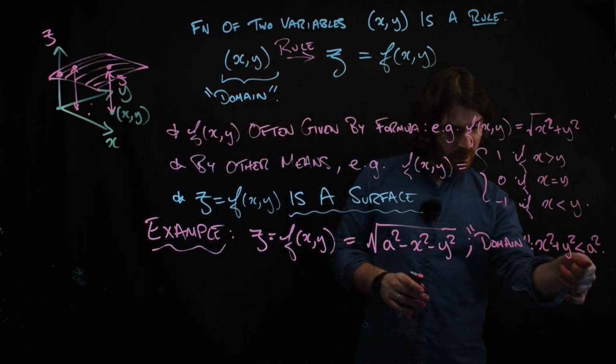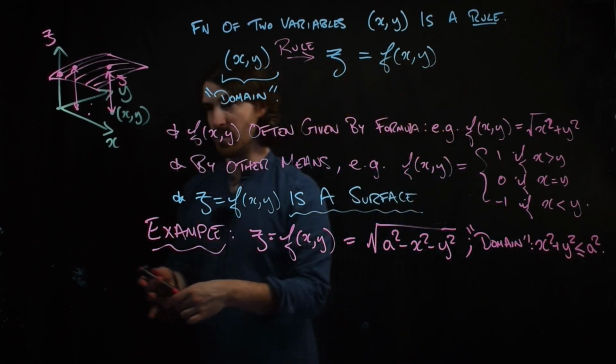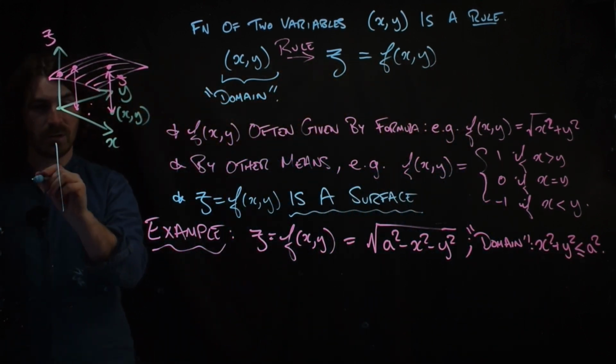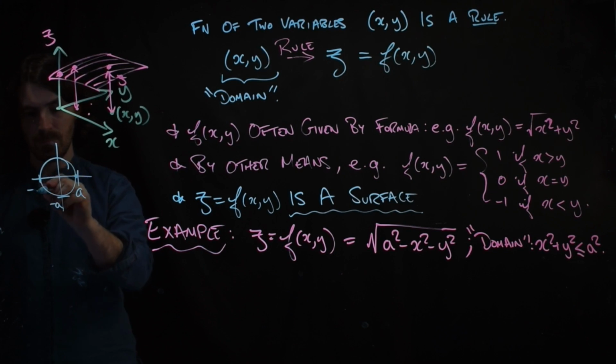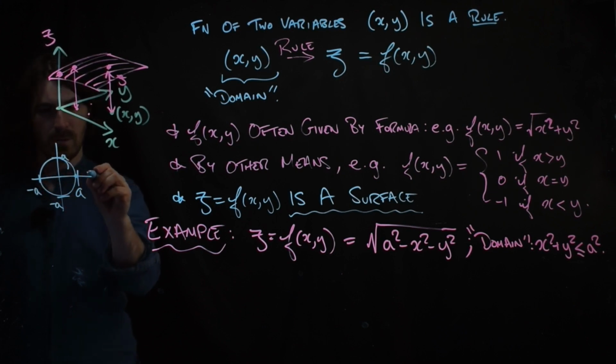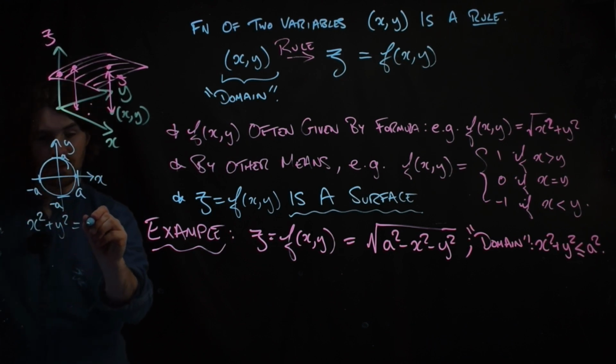So this should be reminiscent of the equation of a circle, x squared plus y squared equals a squared. So here's our circle of radius a in the x and y plane, and remember it has the equation x squared plus y squared equals a squared.